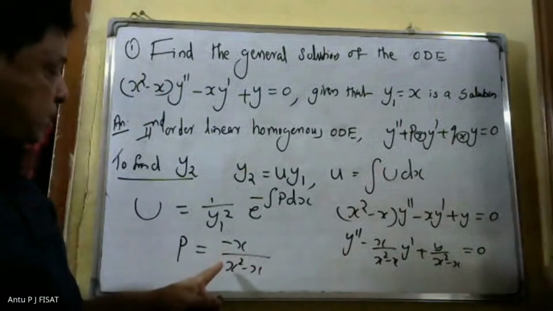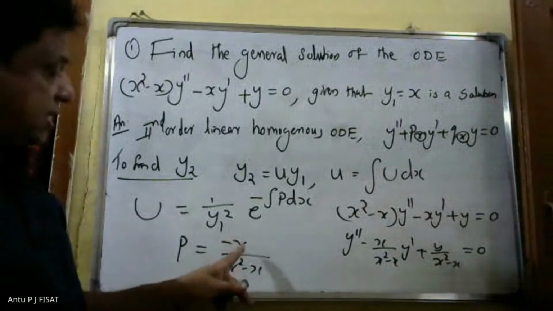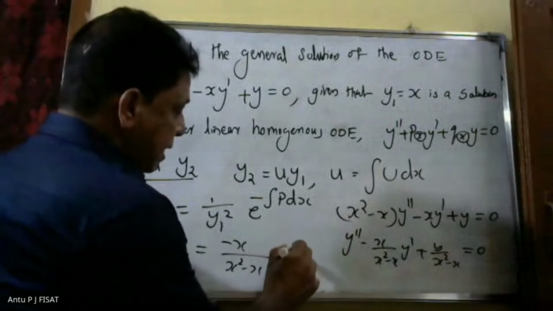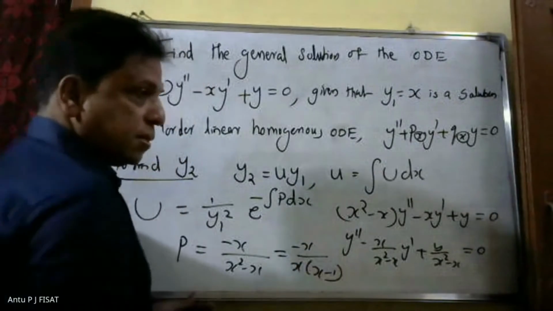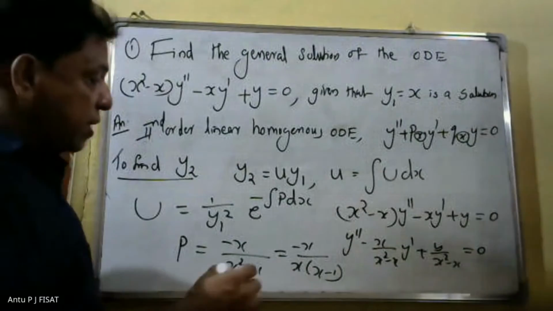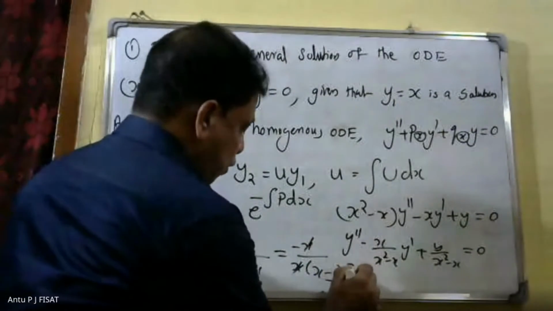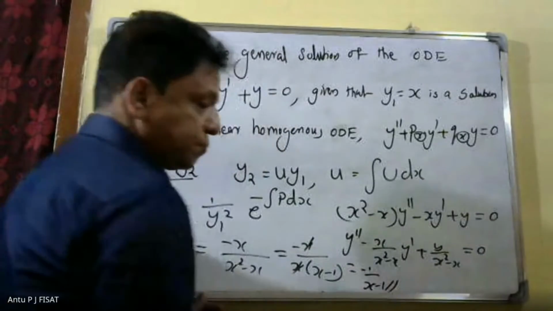Here the value of p is equal to −x/(x² − x). This can be written as −x/(x(x − 1)). We take x outside and cancel this x. Therefore, the value of p is equal to −1/(x − 1).